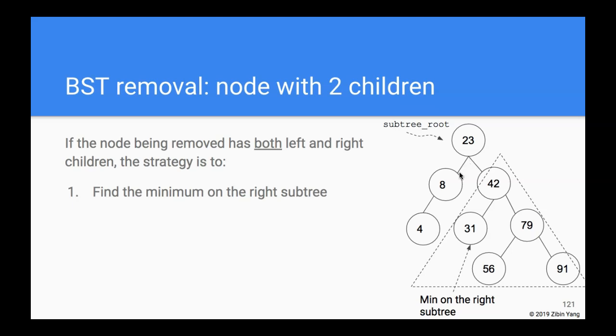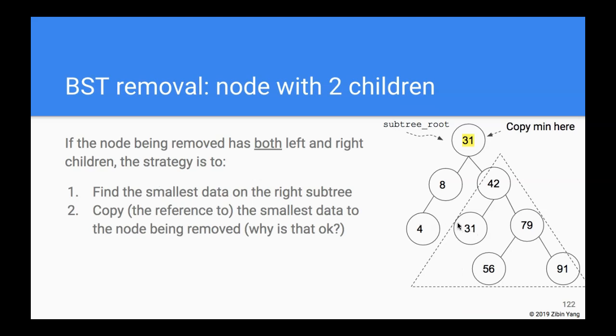Both of them are there. So how do we remove 23? It takes several steps. The first step is we find the minimum on the right subtree, and in this case, the minimum on the right subtree is 31.